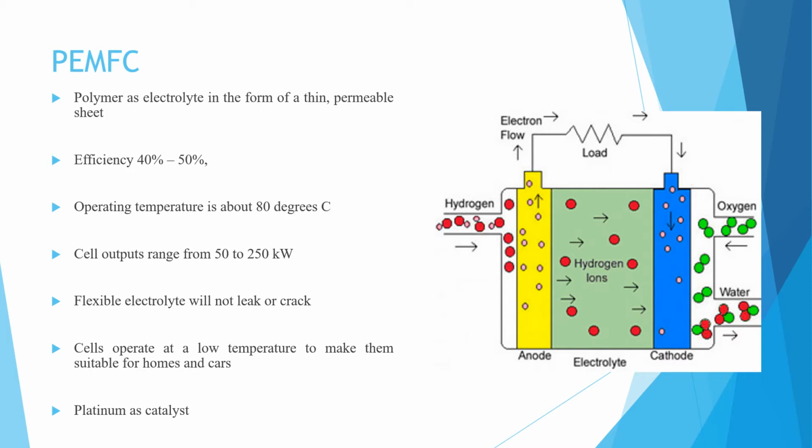This fuel cell works with a polymer electrolyte in the form of a thin permeable sheet. A permeable sheet of polymer is used as an electrolyte. Efficiency is 40 to 50%. The operating temperature of PEMFC, or proton exchange membrane fuel cell, is 80 degrees Celsius.